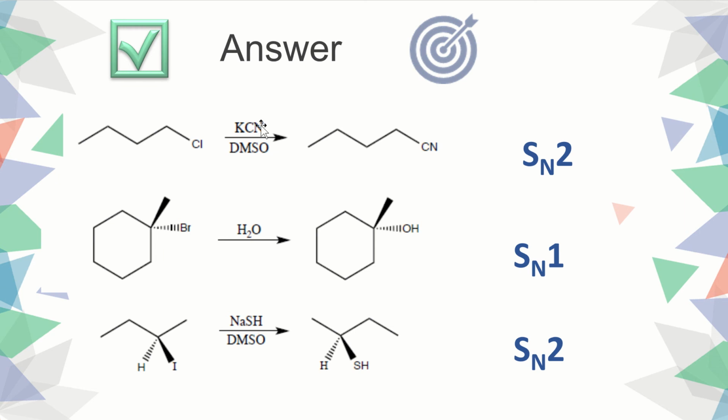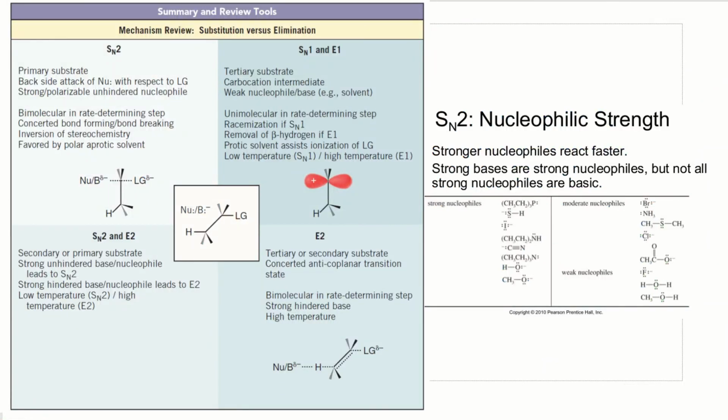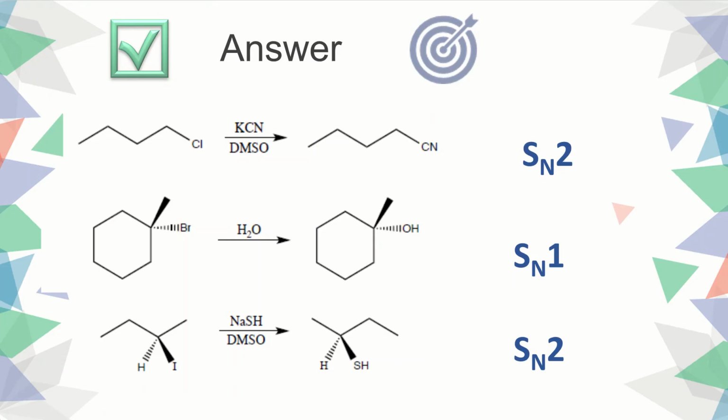And then we look at our bases, our strong base for SN2. Let's go back to the table. So we need a strong polarizable unhindered nucleophile for SN2. And for SN1, we need a weak nucleophile or base. So let's look back here to see, okay, well, we have water. Let's look at the table again.